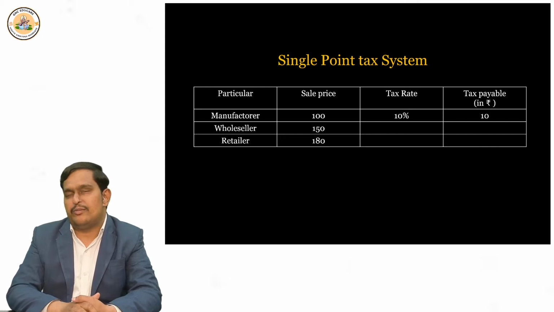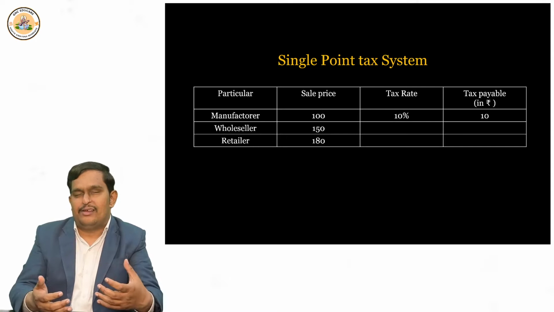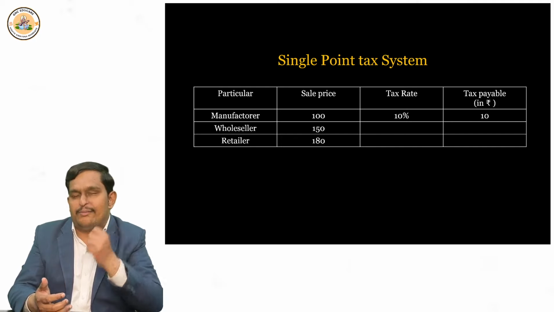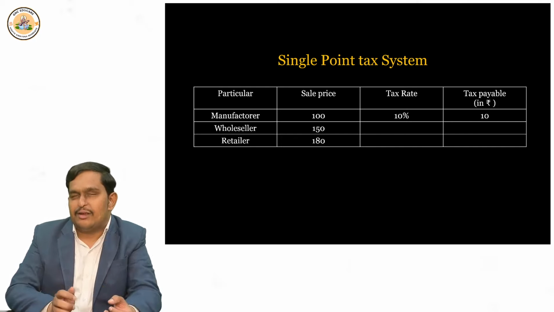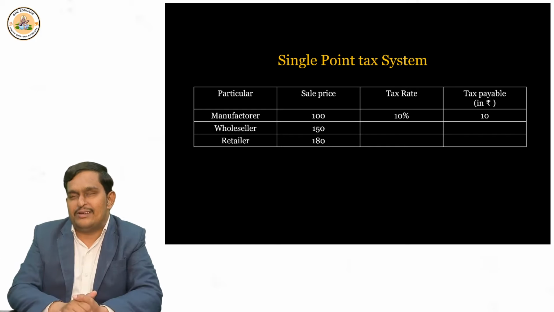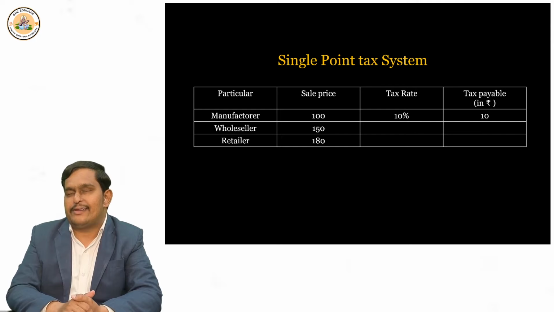When there is value addition, the government should also get some share from it. But here, value addition is there, and there is no share to the government. So this system failed.